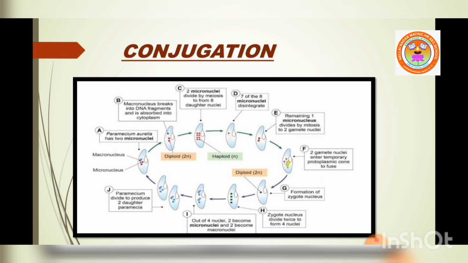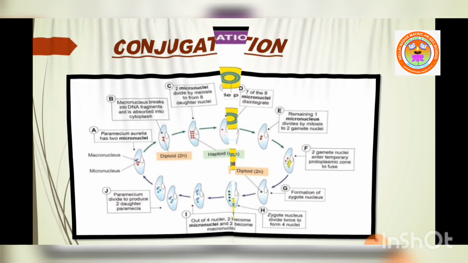Conjugation is a temporary union of two individuals of the same species. During their union, both the individuals, called the conjugants, exchange a certain amount of nuclear material, that's nothing but DNA, and then get separated. So conjugation is common among ciliates, example Paramecium, Vorticella, and bacteria. So bacteria belong to prokaryotes.